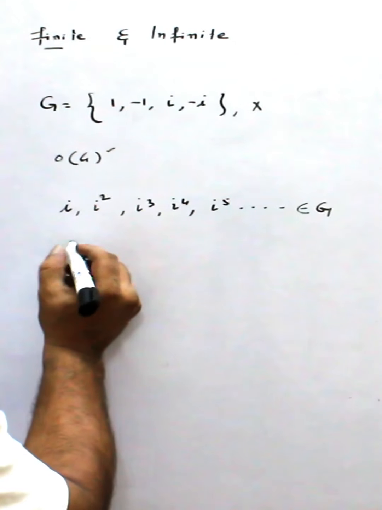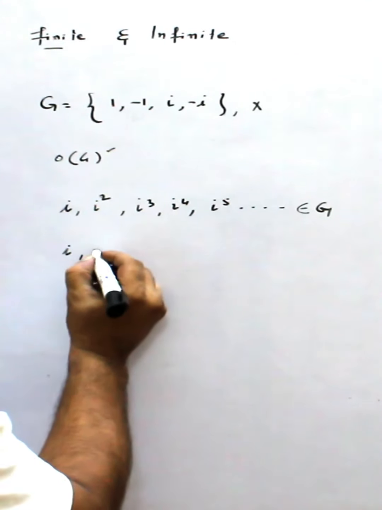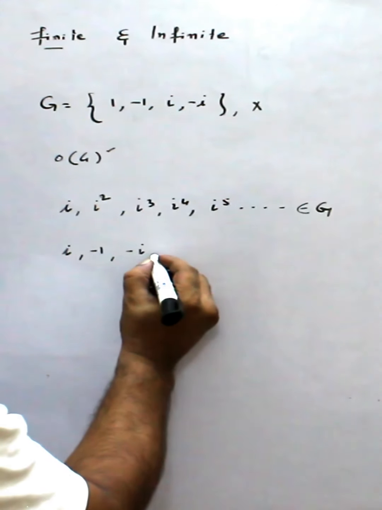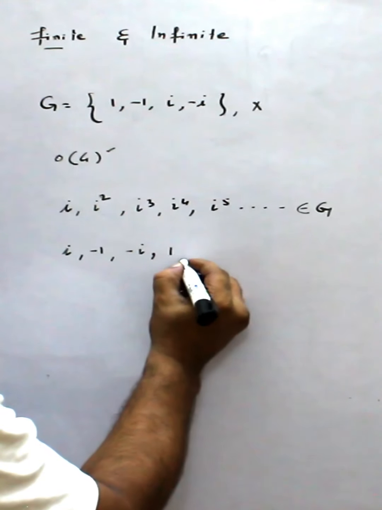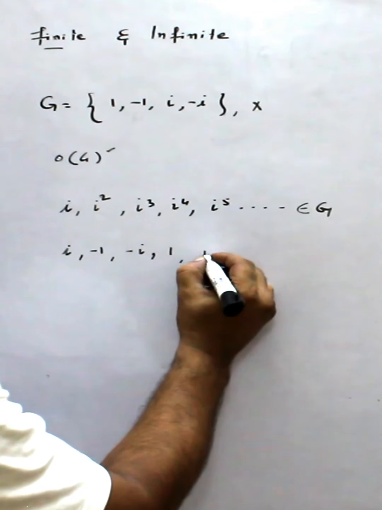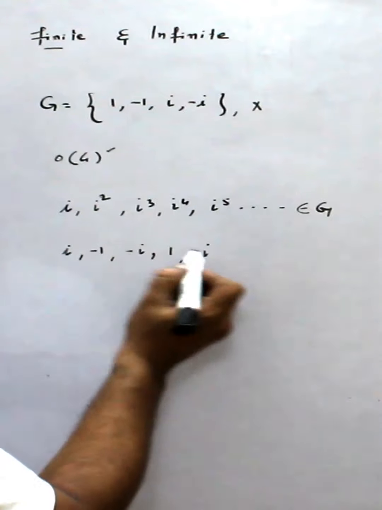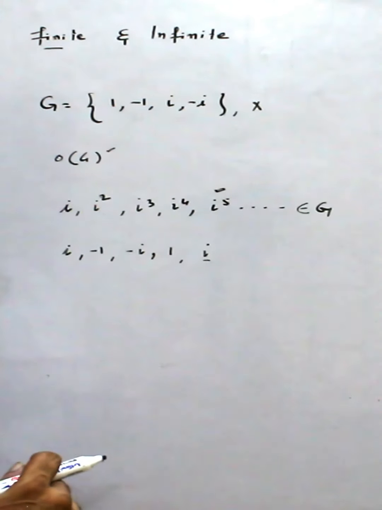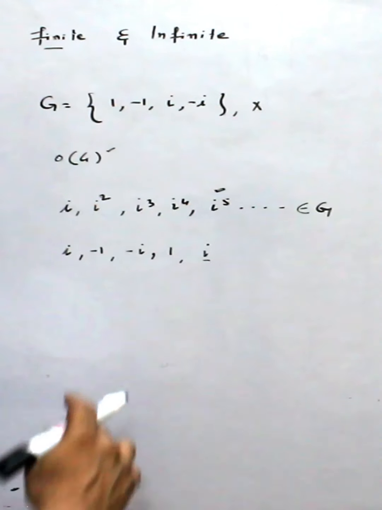Like this is the first element I, this is minus 1, this is minus I, this is 1, and this I4 is again I. That means the fifth power starts repeating.